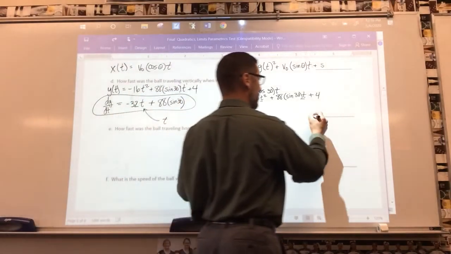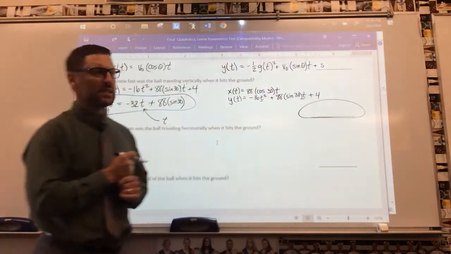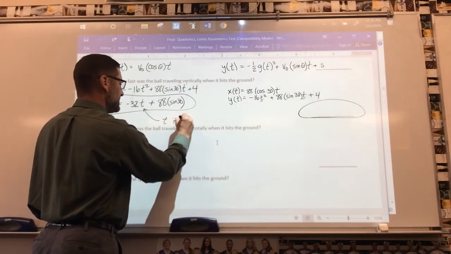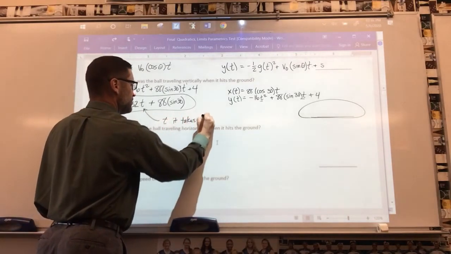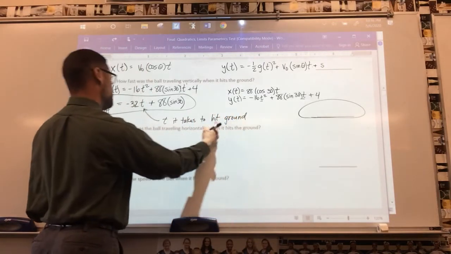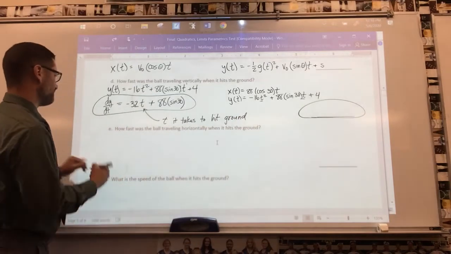And that's how long that ball was in the air. Okay, you plug the t value, the t it takes to hit the ground.